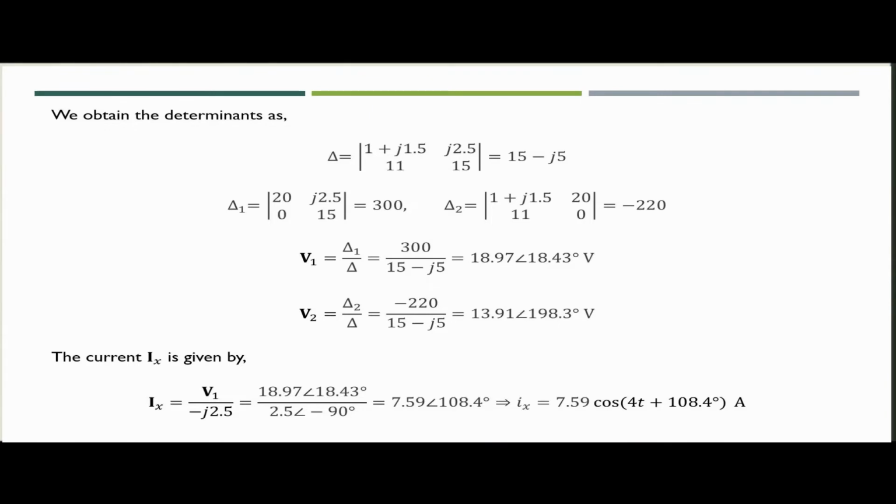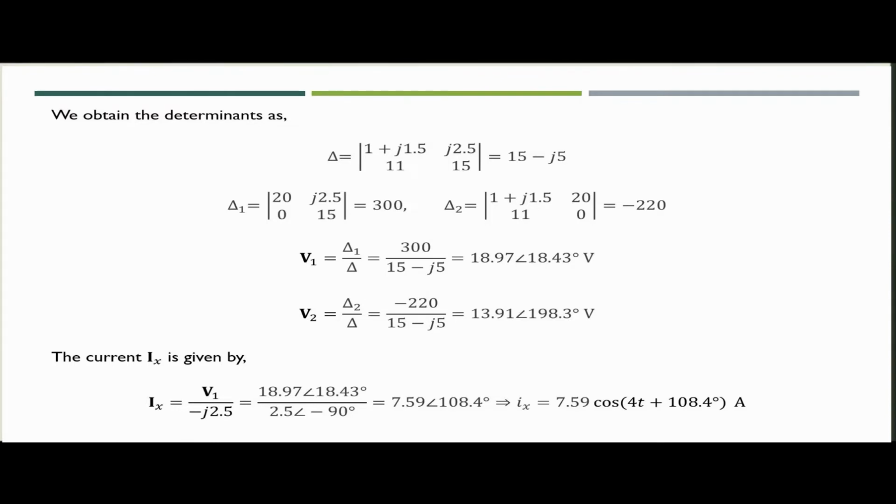Similarly, in case of V2, you will find out the value of V2 as delta 2 divided by delta, and when you simplify, you will get the value as 13.91 angle 198.3 degree volts. Now, the value of current Ix, we know that is equal to V1 upon minus j 2.5.